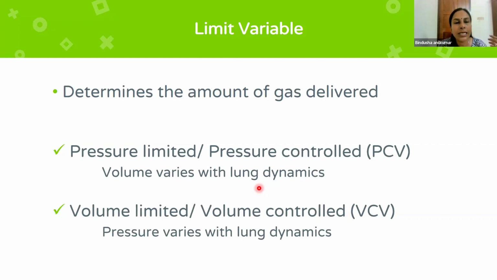For delivering a particular tidal volume, if the lung is less compliant, you may have to produce more pressure. If the lung is very compliant, then a lower pressure may only be required. So that is basically what we mean by pressure limited or pressure control and volume control ventilation.